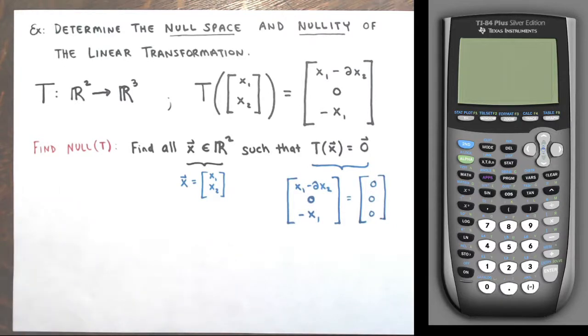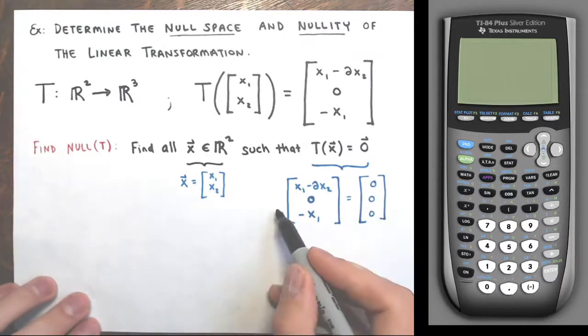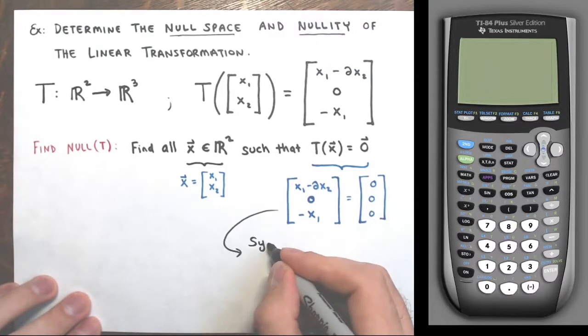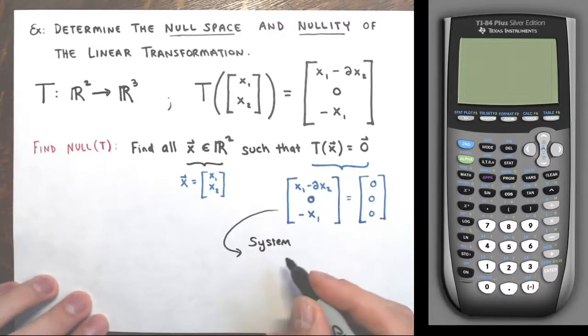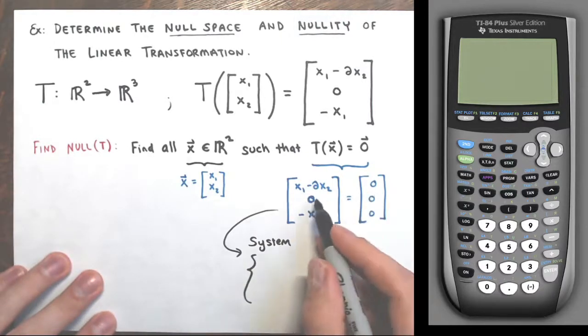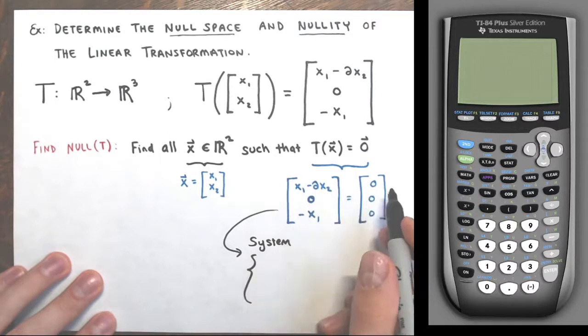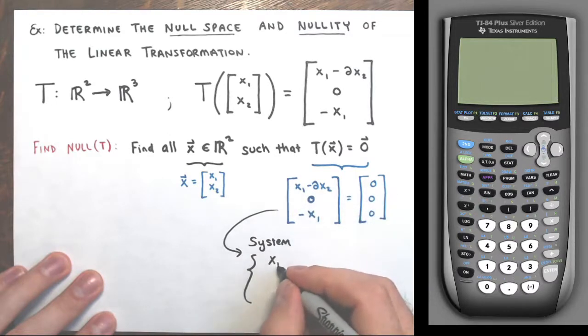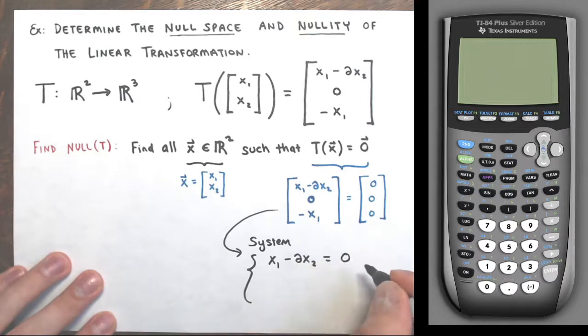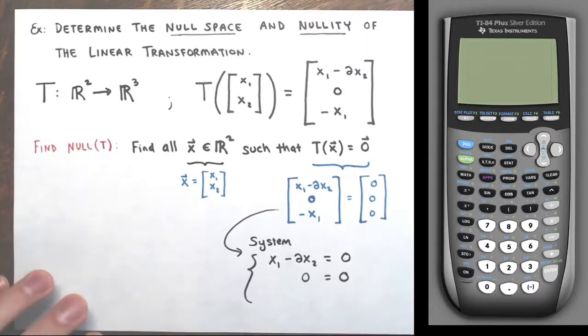And this leads me to a system of equations, where in order for these vectors to be equal, their components have to be equal. So x1 minus 2x2 needs to be equal to 0. This second line, 0 equals 0, you can ignore.